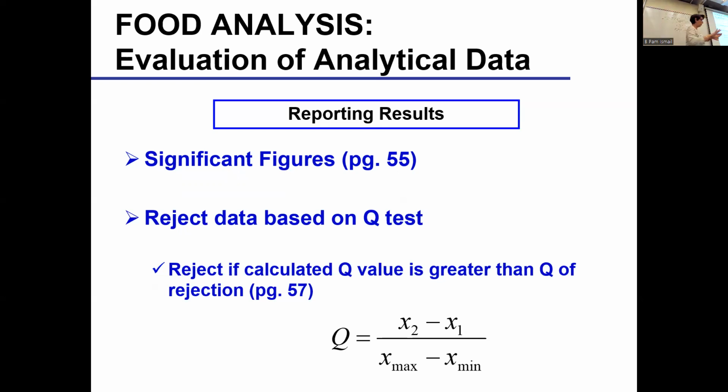So two different groups are preparing the replications, so there might be a data point that is off because different people are preparing the sample. One person might have a blunder and the data point is completely off. So what you do in this case, you want to see if you can eliminate that data point. If you don't eliminate it, your precision will be poor, your accuracy will be poor.